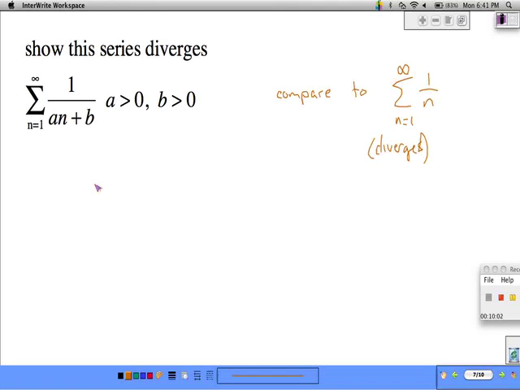I'm going to use the limit comparison test, and I'm going to look at the limit as n goes to infinity of a sub n divided by b sub n. So my rule that I started with, divided by what I'm comparing to.